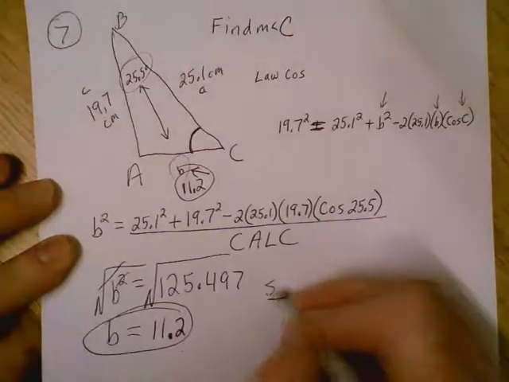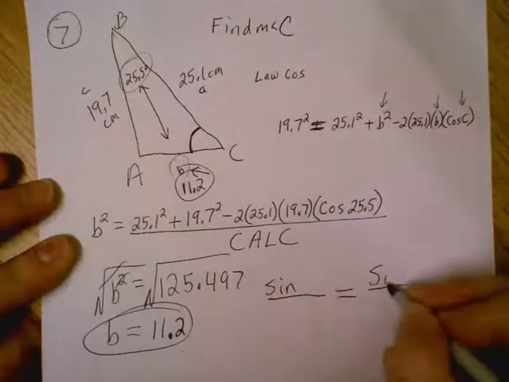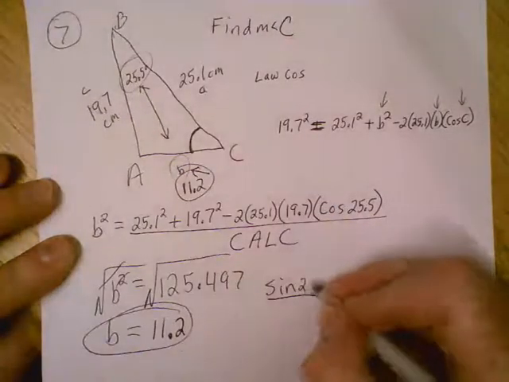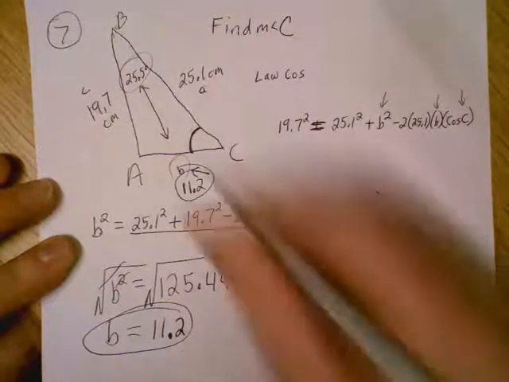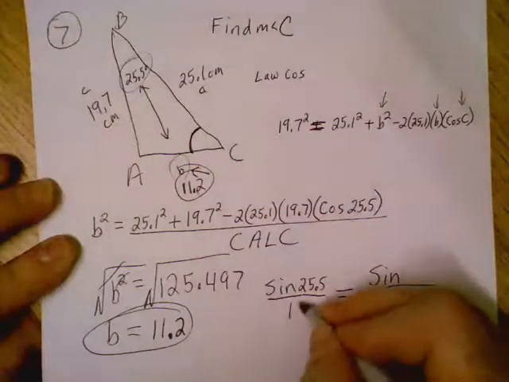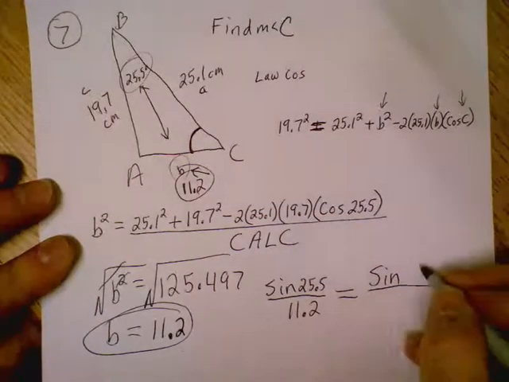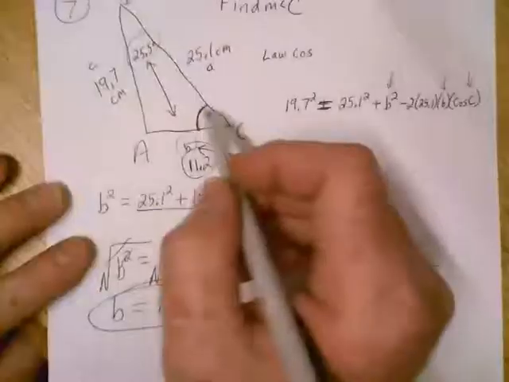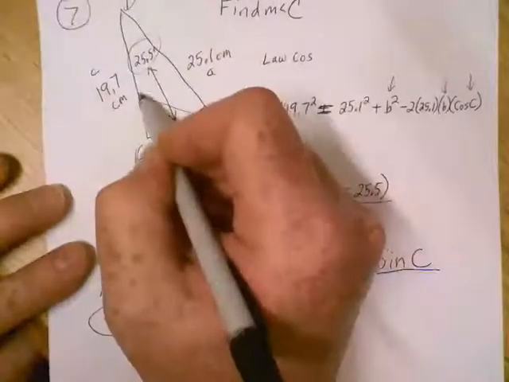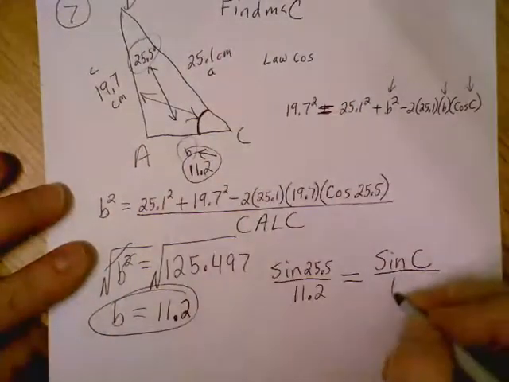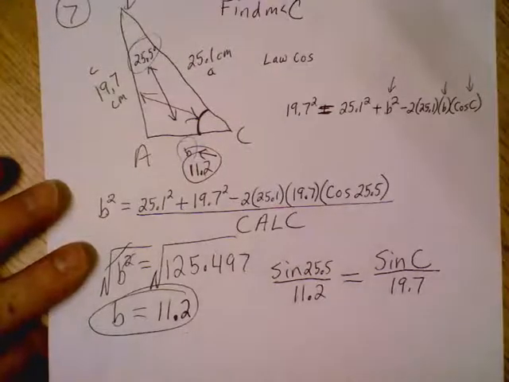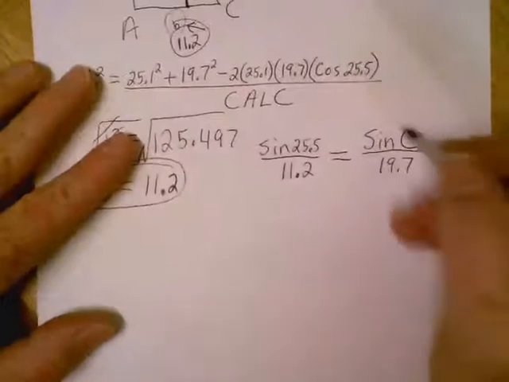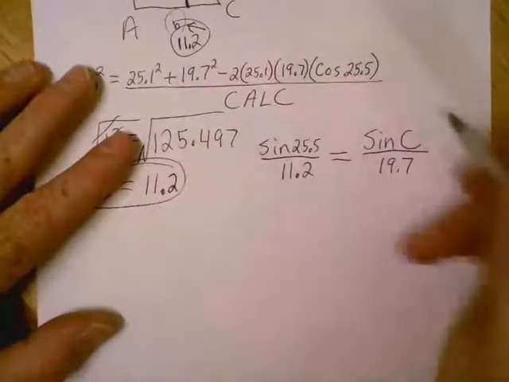So I do sine here, sine here. Our angle that we know is 25.5. That's across from the 11.2 that we just found. We're looking for angle C, and that's across from the 19.7.